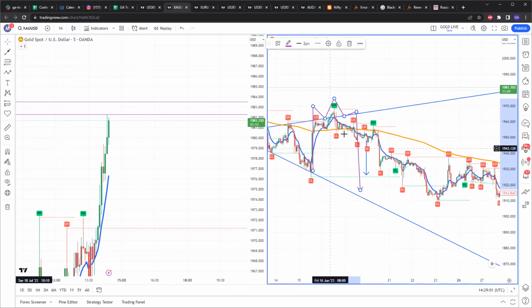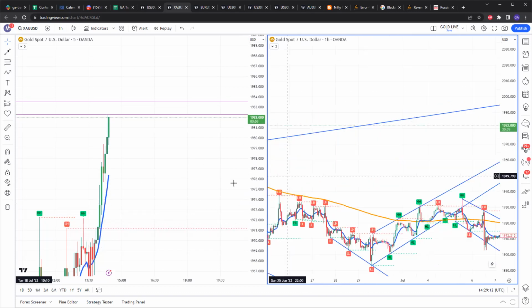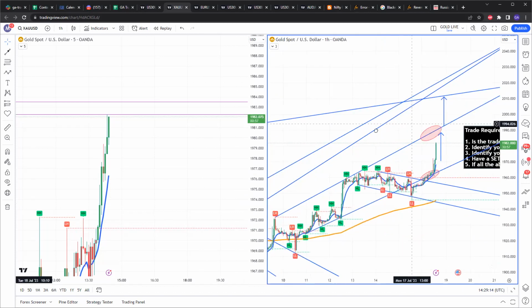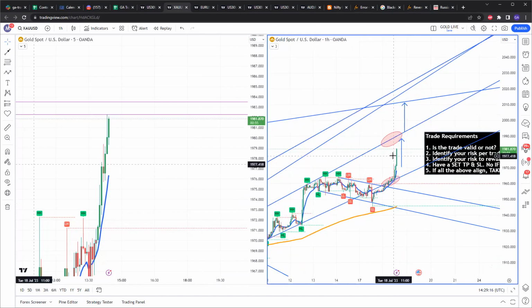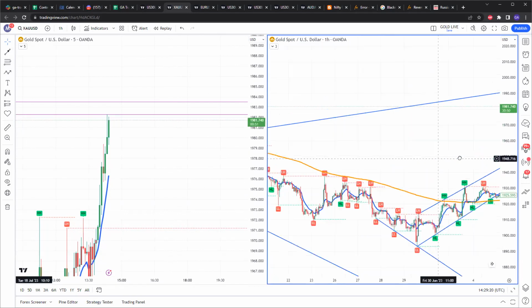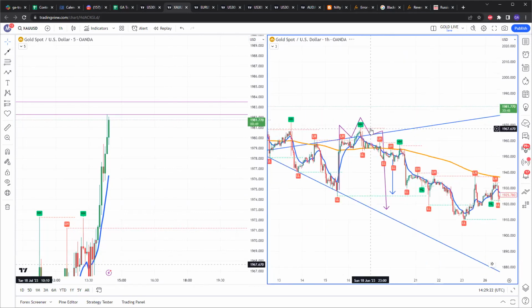To identify a head and shoulder, price has to be forming the right shoulder, because right now, if I start anticipating a head and shoulder, price can keep skyrocketing, and you can see how far gold can go up. So right now it is possible it can form a head and shoulder, but I literally have to wait for the head to be formed, and then start looking for an entry on a right shoulder.